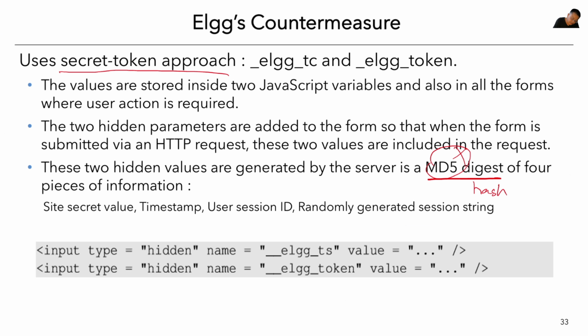It's the hash of four pieces of information: the site secret value, the timestamp, the user session ID, and the randomly generated session string. If we can guarantee the randomness used in the generation of the session string, we can make the hash very difficult to guess.